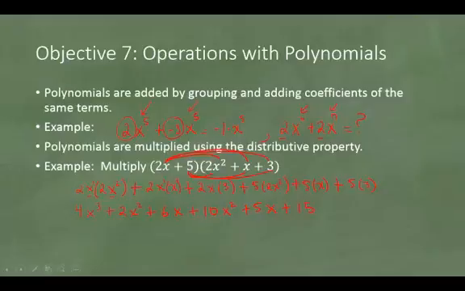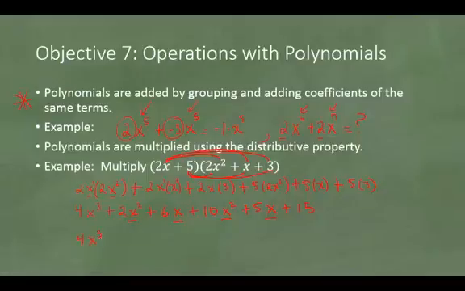Now we're going to combine the like terms. We're going to look to see what variables have the same exponent, like x squared, and the x's here, and we're going to combine the coefficients. There's only one x cubed, so we're going to write 4x cubed down.